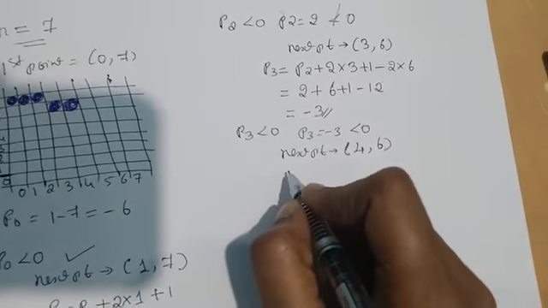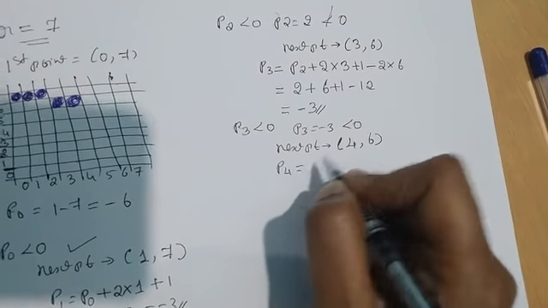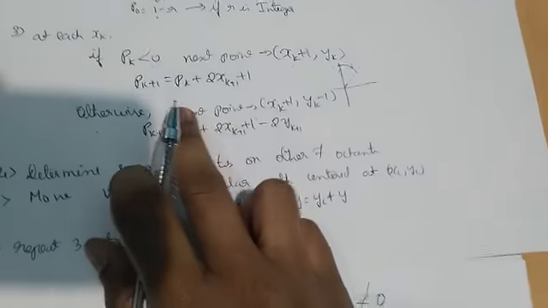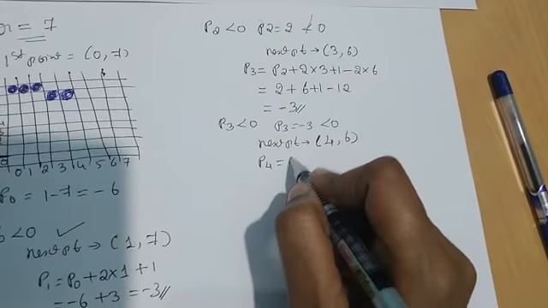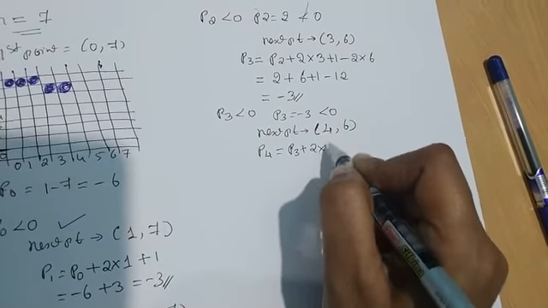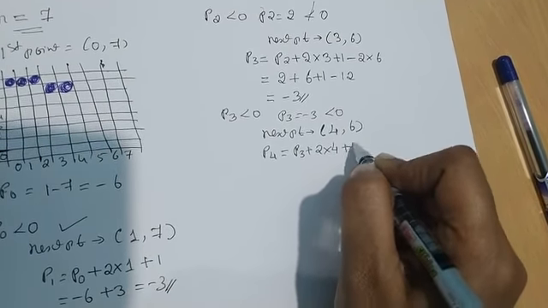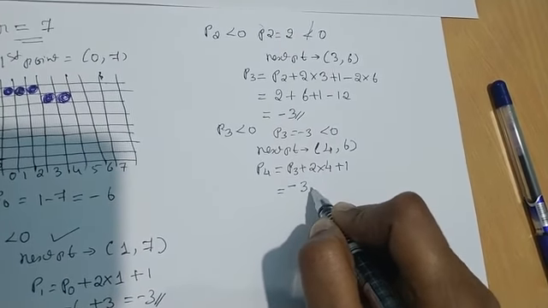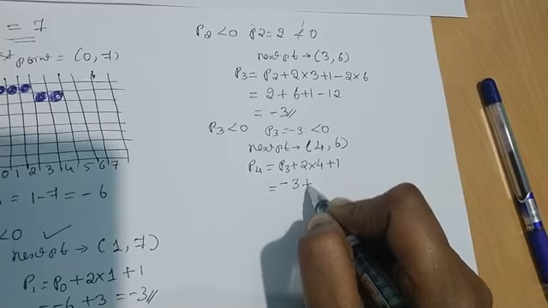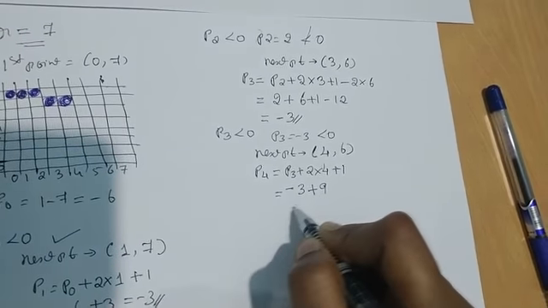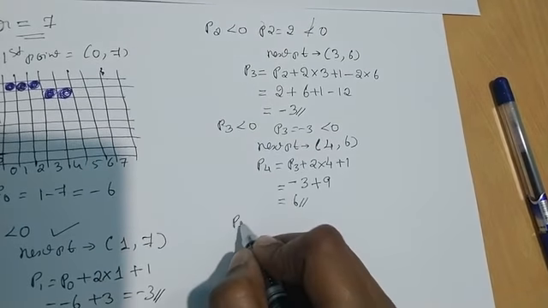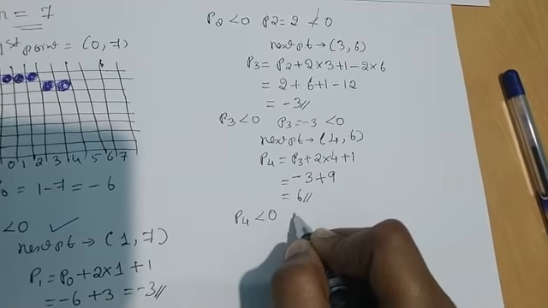And calculate P4. When it is less than 0, P4 equal to P3 plus 2xk plus 1 plus 1. So P3 plus 2 into xk plus 1 is 4 plus 1, which is equal to P3 was minus 3 plus 4 to the 8 plus 1, 9. 9 minus 3 is 6. Is P4 less than 0?